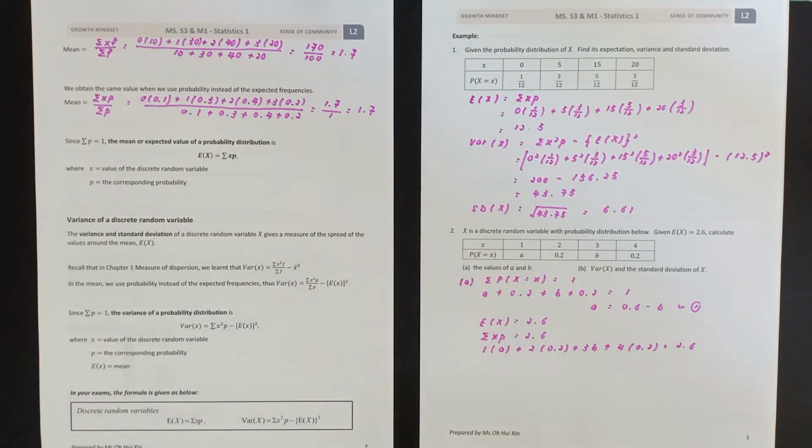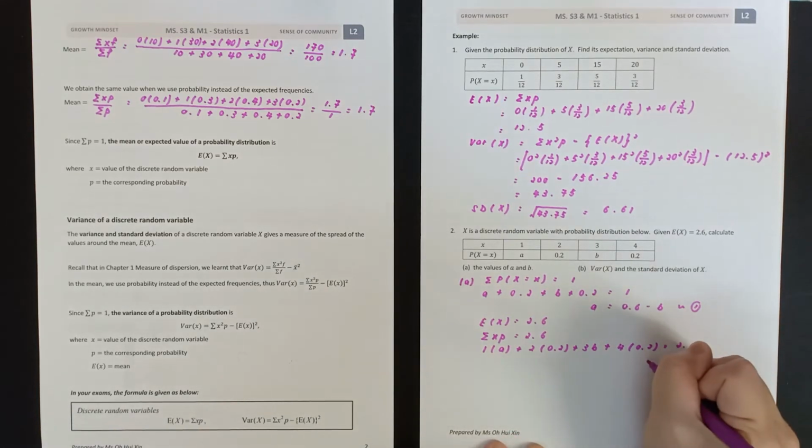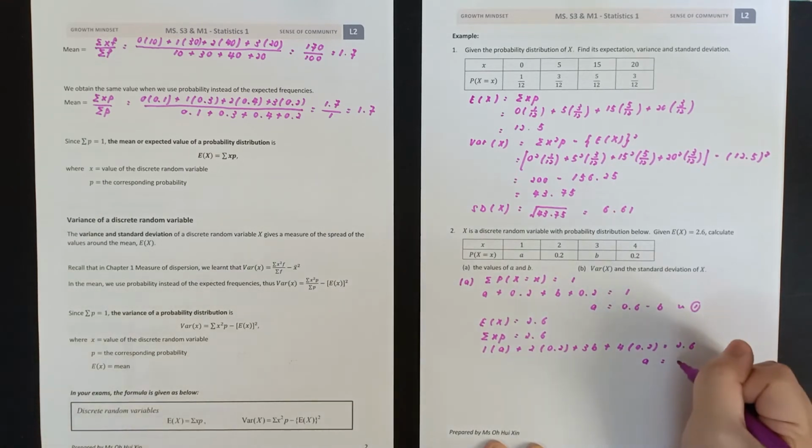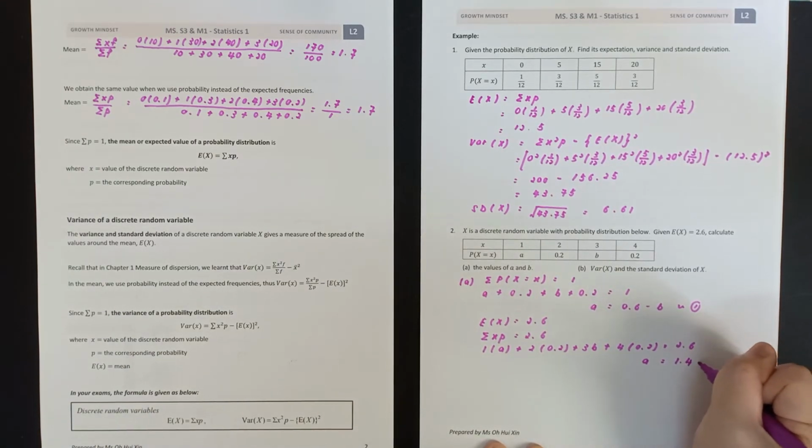I don't have enough space, so try to expand it yourself. I'm just going to write it down: 1a + 0.4 + 3b + 0.8 = 2.6. When I move everything over here, I get my second equation, which is a = 1.4 - 3b.